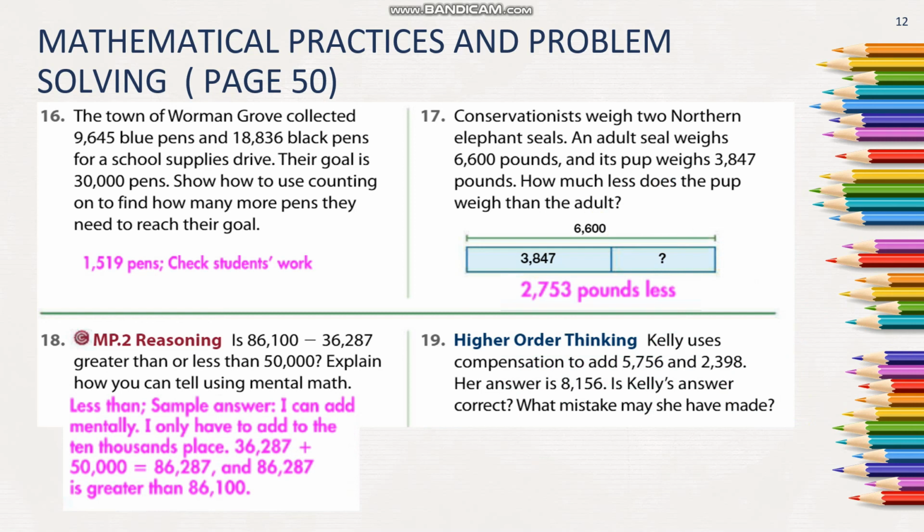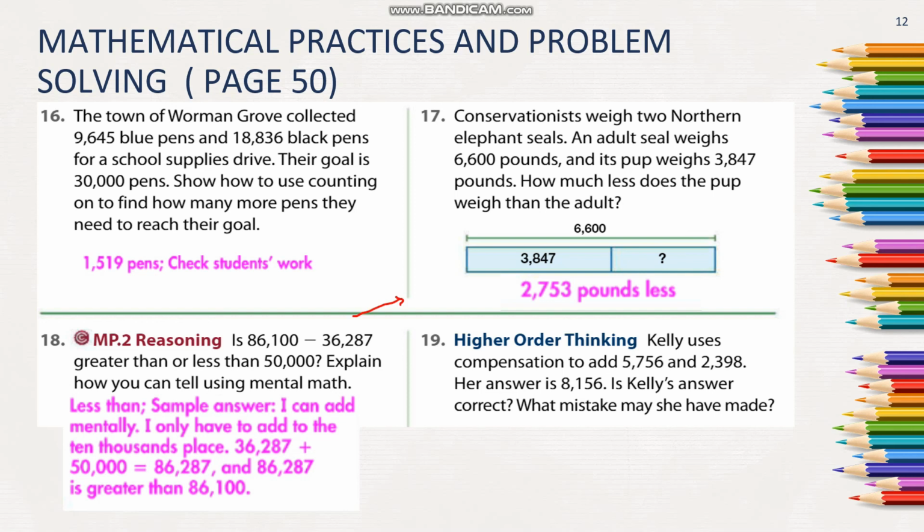You only have to add to the 10,000's place. 36,287 plus 50,000 is equivalent to 86,287, and 86,287 is greater than 86,100. Therefore, the answer is less than 50,000.